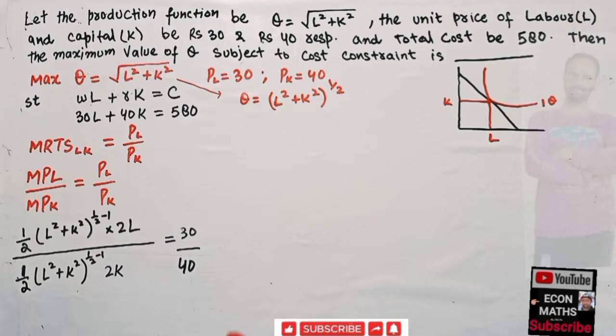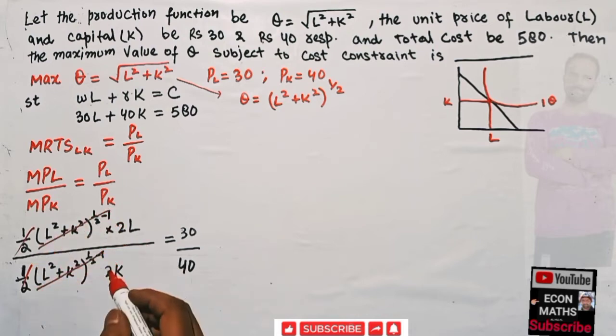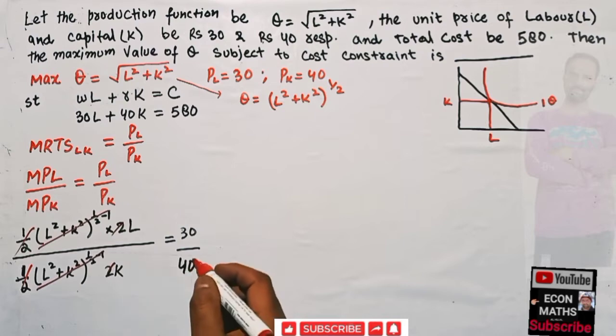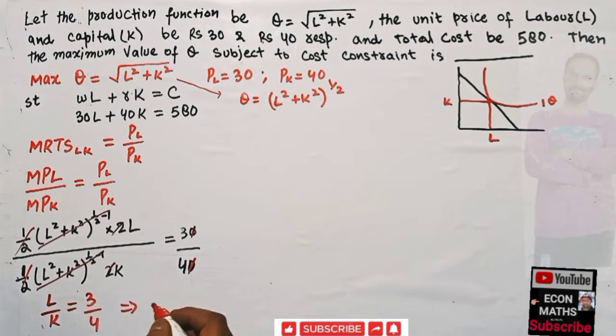Let us do some cancellation. The 1/2 and 1/2 get cancelled, the whole bracket gets cancelled, and the 2 and 2 get cancelled. That means L upon K is equal to 3 upon 4, so L = 3K/4.